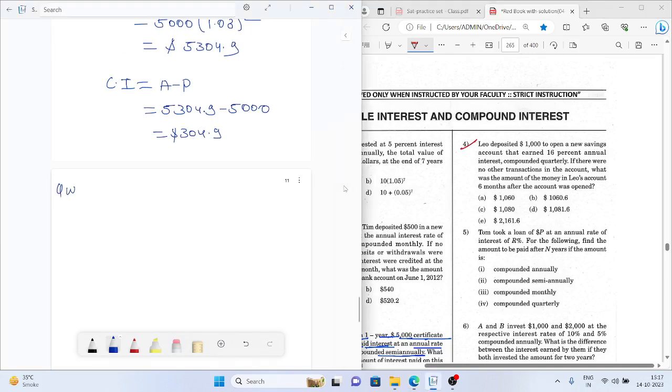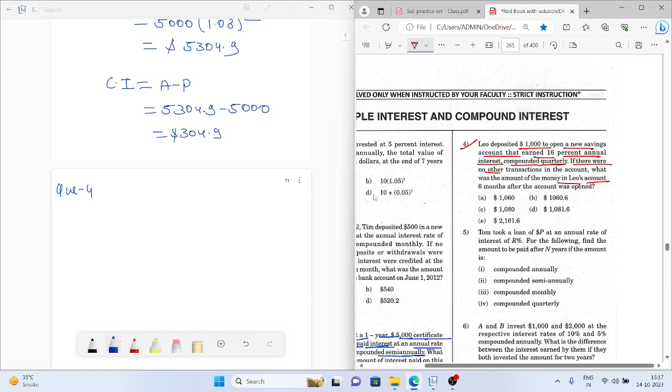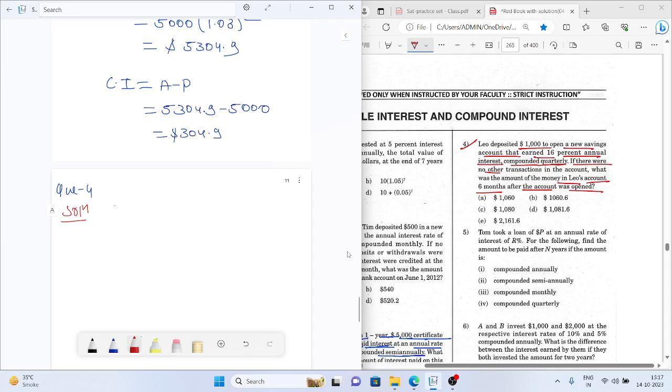What does question number 4 say? Leo deposits $1,000 to open a new savings account at 16% annual interest compounded quarterly. If there were no other transactions in the account, what was the amount of money in Leo's account 6 months after the account was opened? So he asked for 6 months. Now for this question, what is the principal? It is $1,000, right?